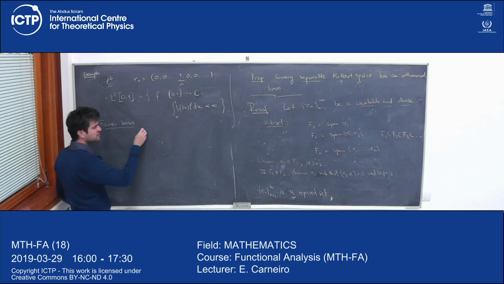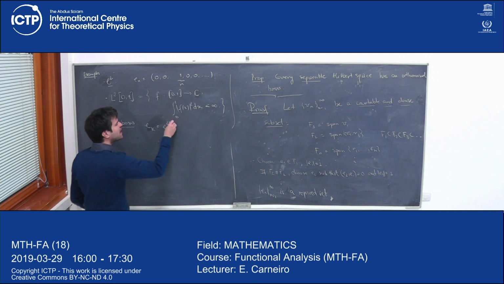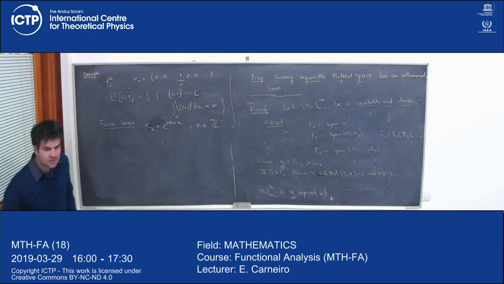Here are the functions of the form e to the 2 pi i k x on 0 to 1. Let's just call it e_k, the function e to the 2 pi i k x, where k is an integer.